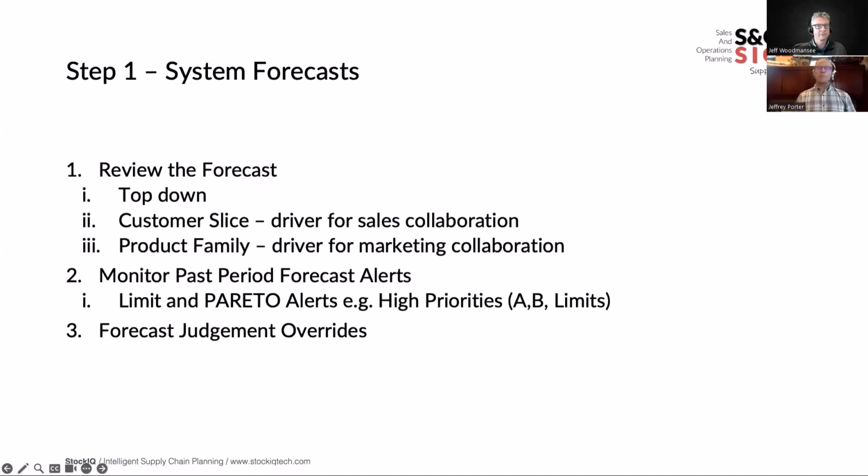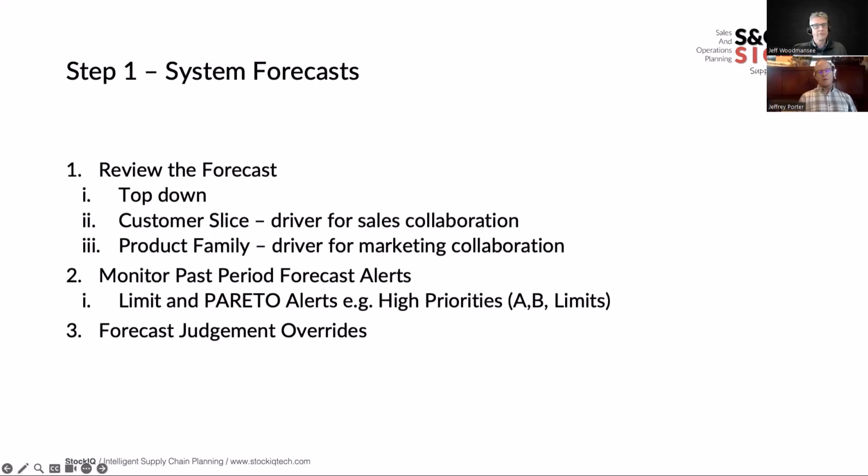For instance, maybe it's a customer slice. If I'm in an omni-channel role where I have brick and mortar, e-commerce, and maybe I'm selling through big box, it may be important to slice this data and look at the trending within each of those channels. That's typically where the sales collaboration gets in.